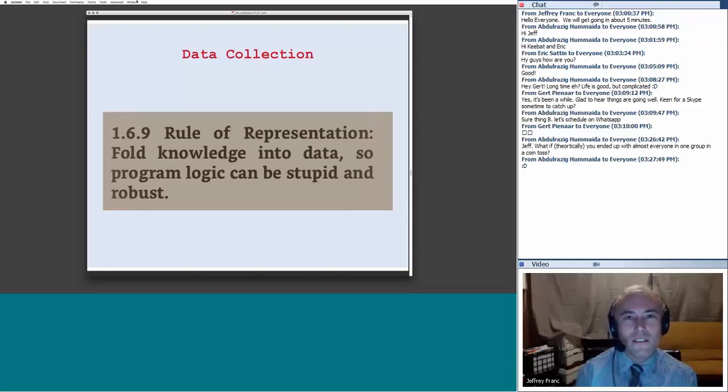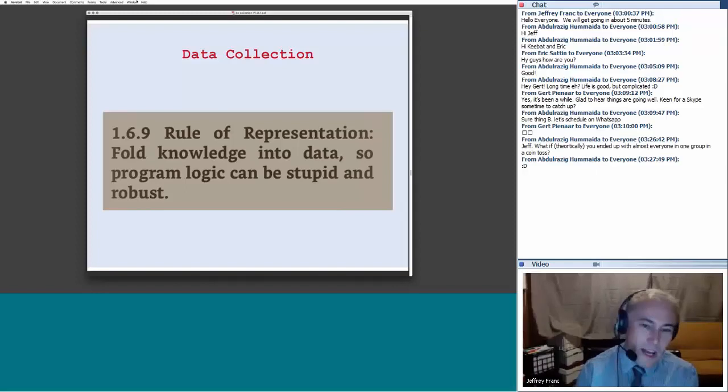What we want to do is fold all the knowledge that we collected into the data, so that when you do your statistical analysis, or someone else does your statistical analysis, the logic behind it can be stupid and robust.